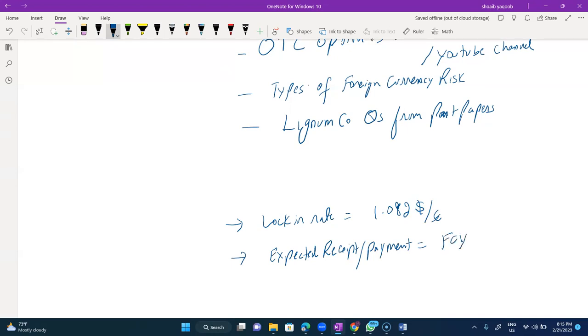Take the foreign currency and convert it into home currency using 1.082 dollar over euro. Bas, that's it. You have to do this. Calculate the lock-in rate and then calculate the expected receipt or payment using the lock-in rate.